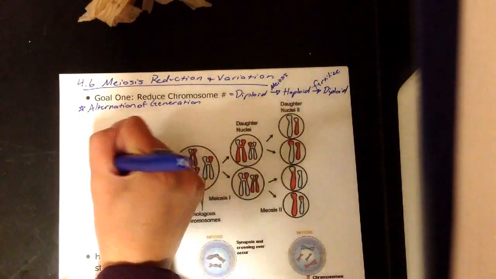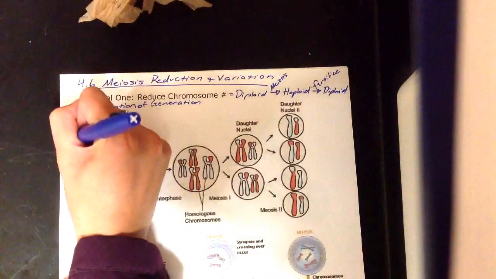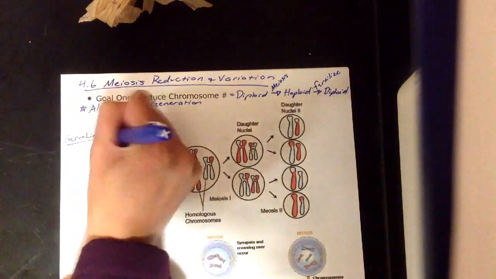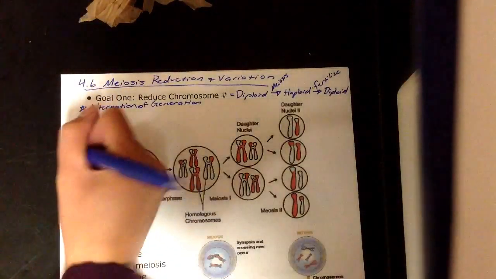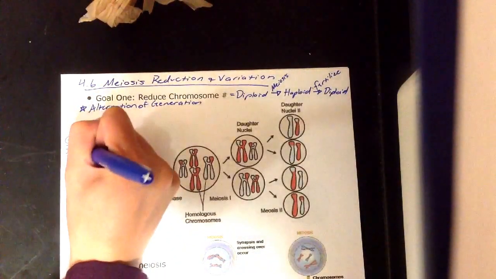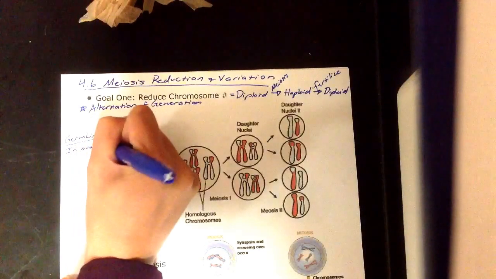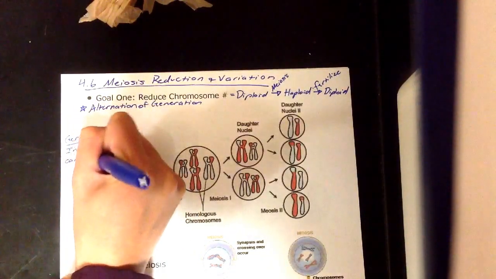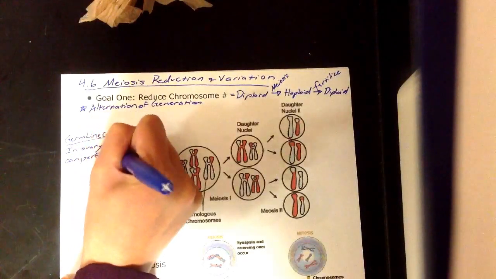Well, first we're going to start with what's known as a germline cell. This germline cell is going to be found in your ovaries or testes, and they can perform meiosis.